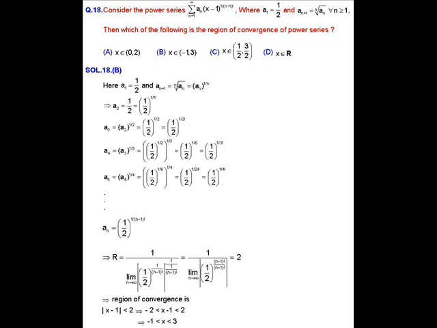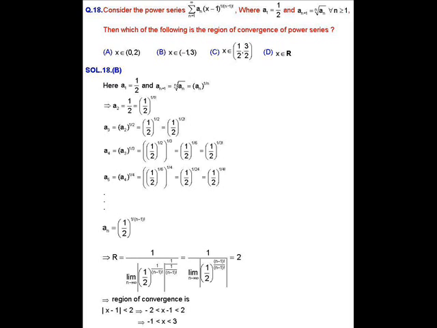And here we have a power series, summation n varying from 1 up to infinity of an times (x minus 1) raised to 1 upon (n minus 1) factorial. That is, instead of n we have 1 upon (n minus 1) factorial.